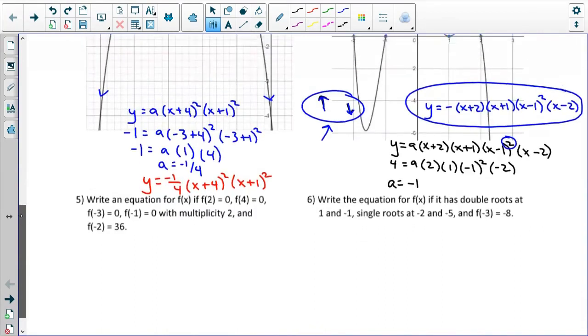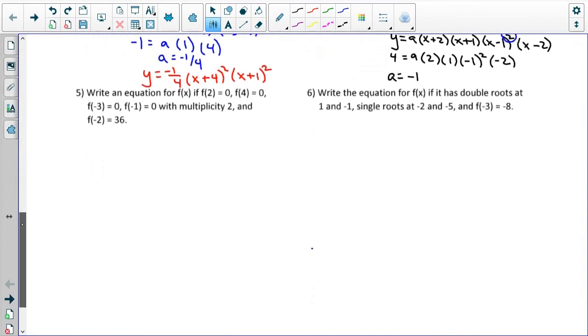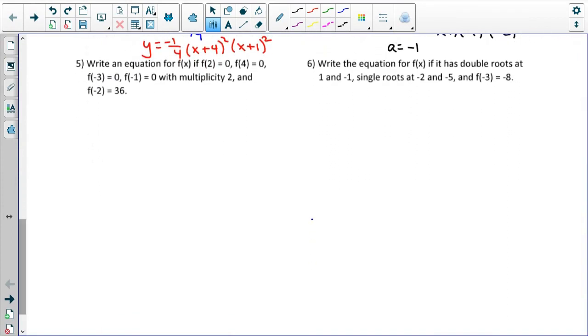Okay, problems 5 and 6, maybe. There we are. Write an equation for f of x if f of 2 equals 0. So notice that means the point 2, 0 is on the graph. F of 4 equals 0 means the point 4, 0 is on the graph. I also know -3, 0 and -1, 0 are on the graph.